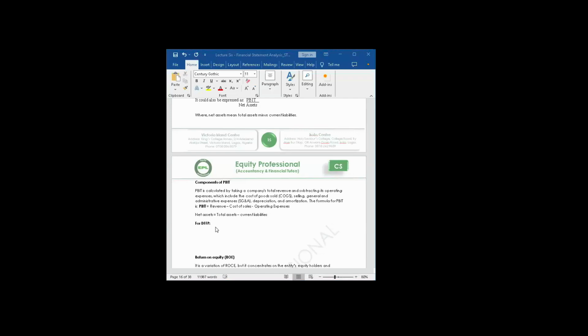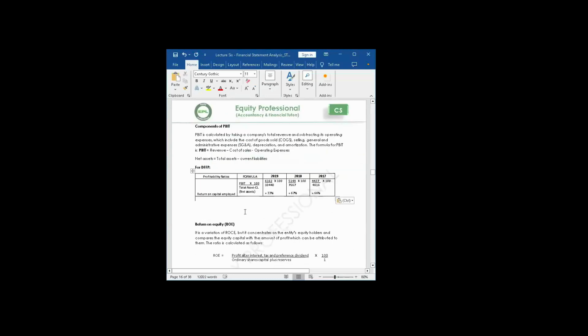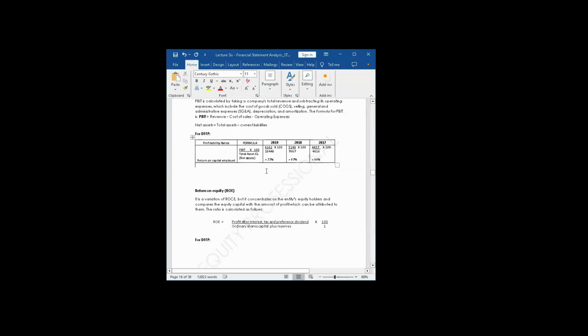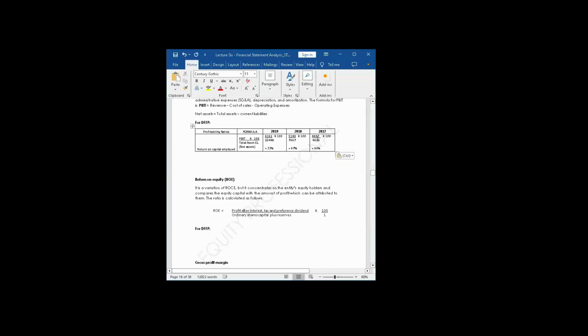Check your document and check those figures, so those figures should look more like this.